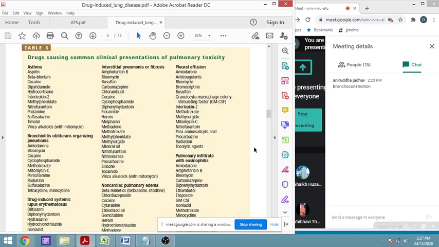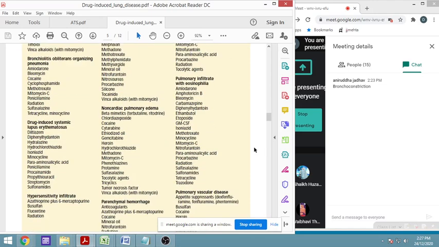vinca alkaloids. Then there are drugs which can cause non-cardiac pulmonary edema. The edema is not because of any cardiac reason. We have seen pulmonary edema because of heart failure earlier, if you remember, during CCF. So here cardiac function is normal, but there is pulmonary edema.